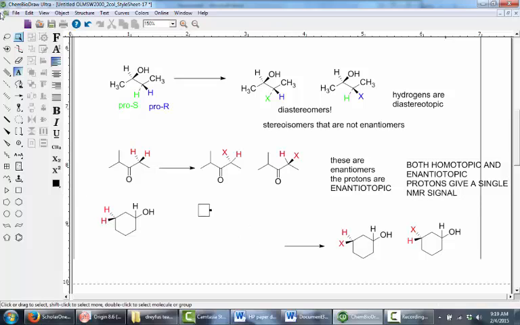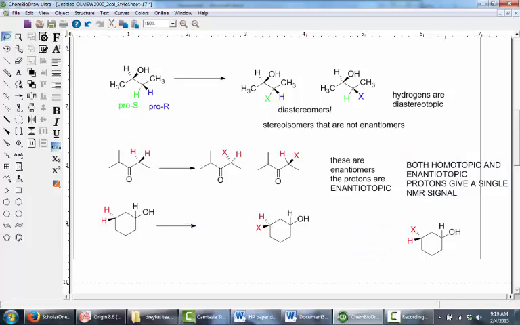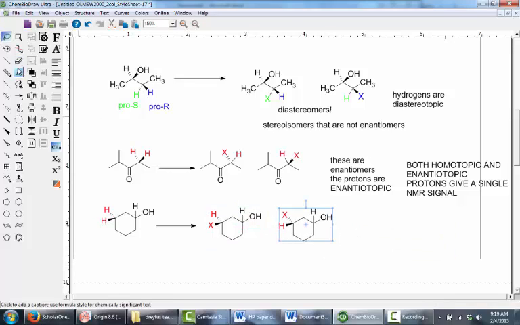Alright, so let's now look at this molecule over here. Now if I swap out each hydrogen for an X, and I look at the products that result, these are actually diastereomers of each other, because in addition to having a chiral center here, I have a chiral center at this OH-substituted one as well. Second chiral center in the molecule.